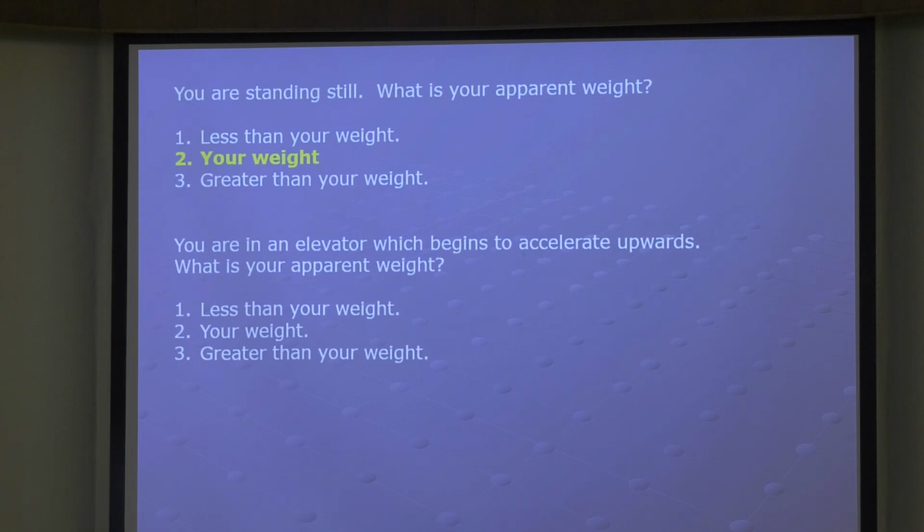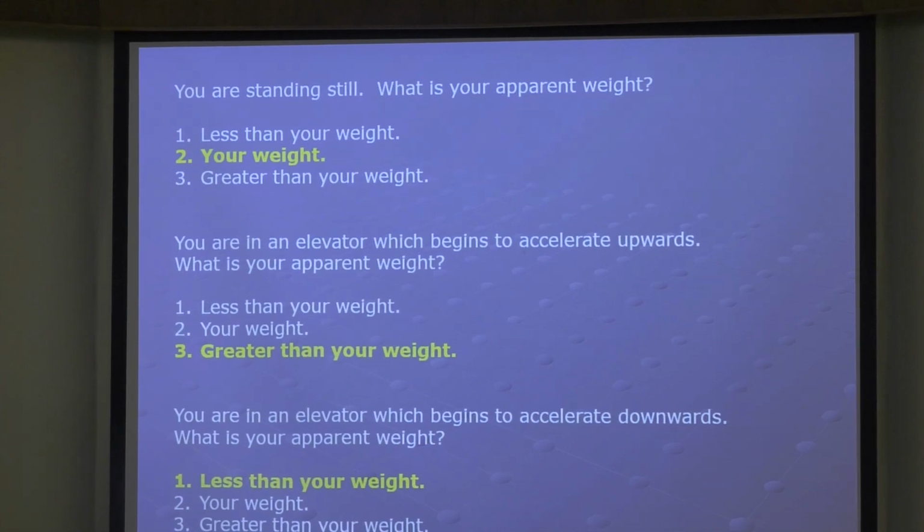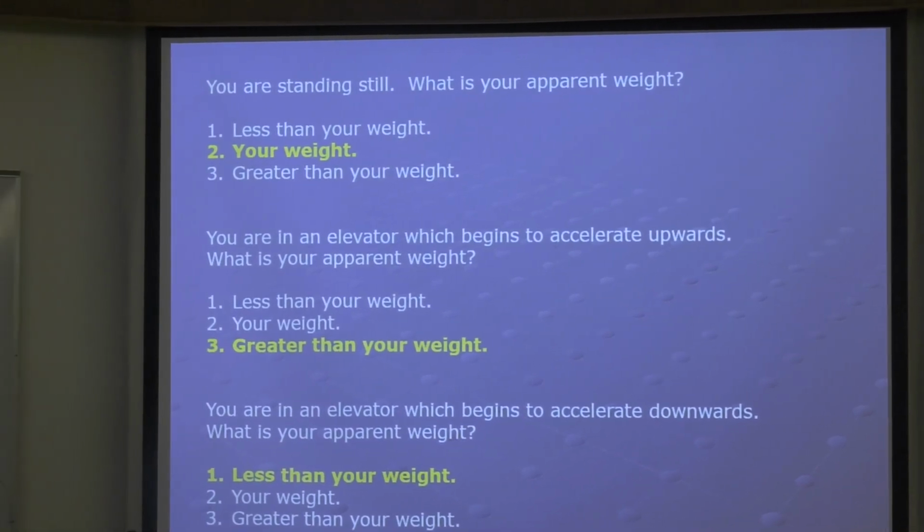If it begins to accelerate upwards, you feel heavier, so your apparent weight is greater than your regular weight. And the third question: you're in an elevator which begins to accelerate downwards. What's your apparent weight? Less. All I'm saying, and you know this from your experience, is that when you're accelerating, your apparent weight is not equal to your weight mg.